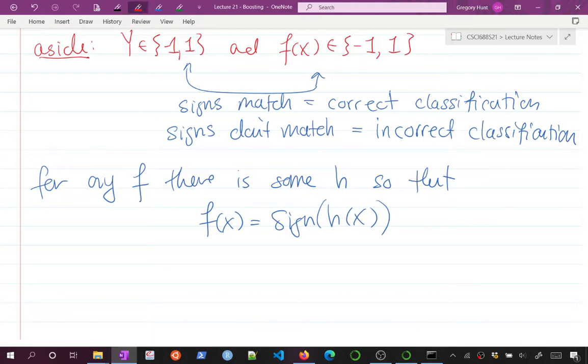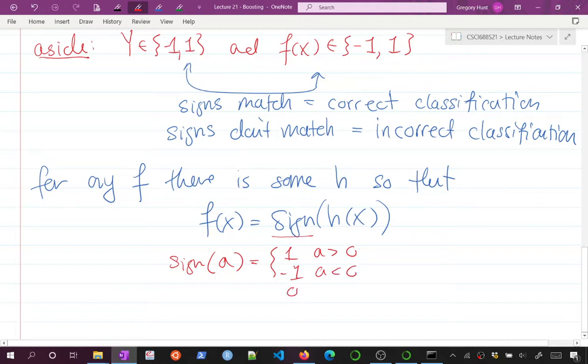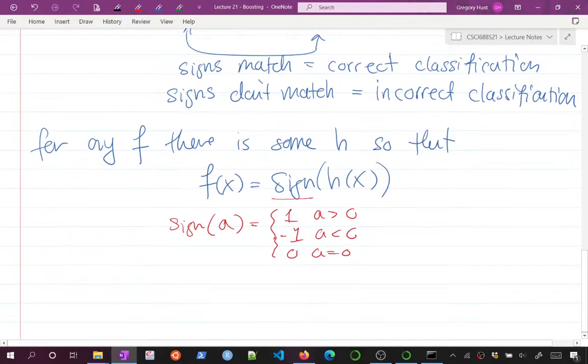So this function f has to output negative 1 or 1, but of course it will. The sign function outputs negative 1 if it's a negative number, positive 1 if it's a positive number, or 0 if it's in between. Let me write that out. The sign of some value a is 1 if a is bigger than 0, negative 1 if a is less than 0, and 0 if a is 0. So that's a classic sign function. Ultimately, this f outputs just negative 1 or 1.